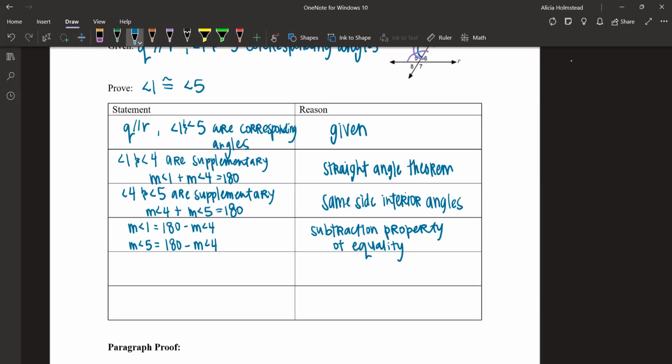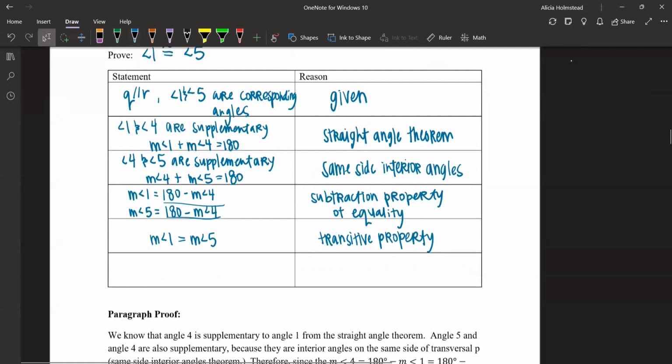And again, these sides are the same, so we can conclude that the measure of angle 1 must equal the measure of angle 5 by the transitive property. And because their measures are the same, we know that angle 1 is congruent to angle 5.